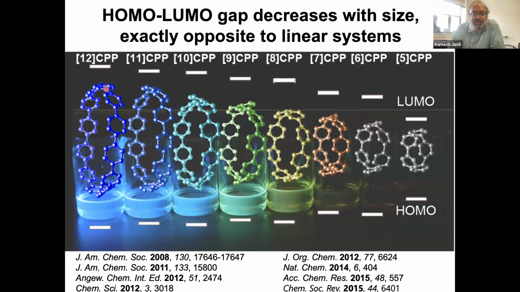But in this case, the HOMO-LUMO gap is narrowing as you make smaller structures. We can go into why that is later in the discussion if you want to, but this is completely opposite to nanoparticles or linear conjugated systems. We observed this, and we knew this afterwards by calculations and various other things. But this was a surprising and interesting feature that we learned right away.